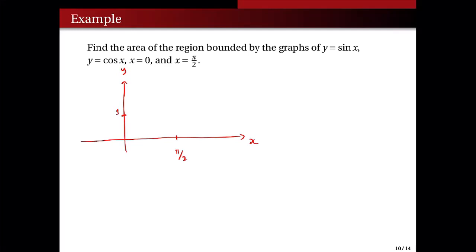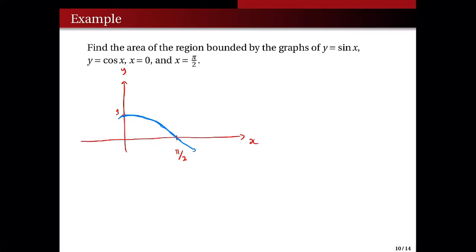For the cosine function, we will have something like this. Of course, it will be 0 there. I don't care about the graph beyond x equals pi over 2. I'm only starting at x equals 0 here. You can continue if you want, but we don't need that. Then the graph of your sine function will be something like this.